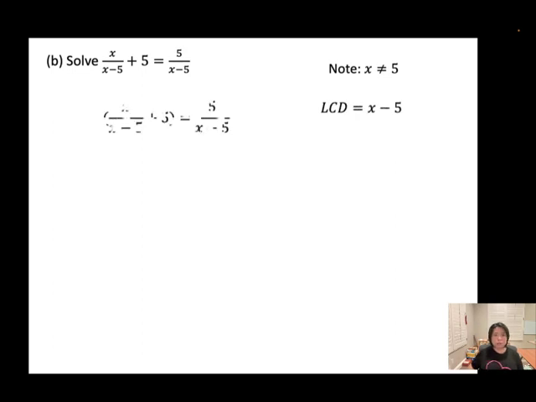Okay, now we're going to multiply the LCD for both sides. Make sure you distribute one by one. Try, solve for your x.